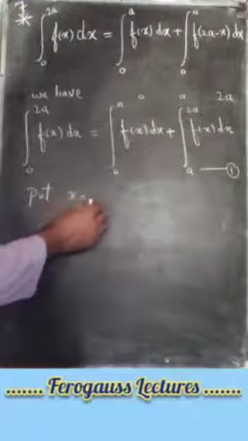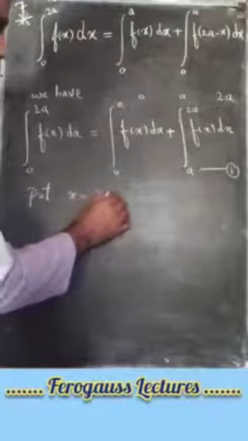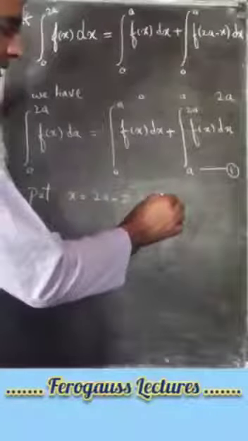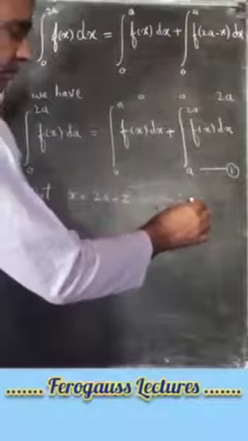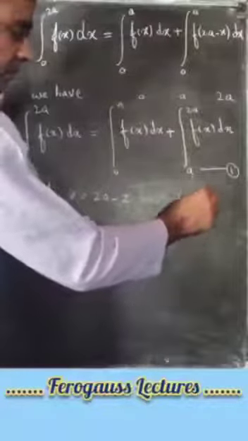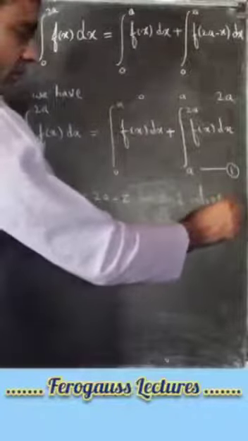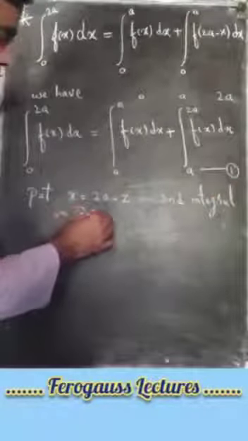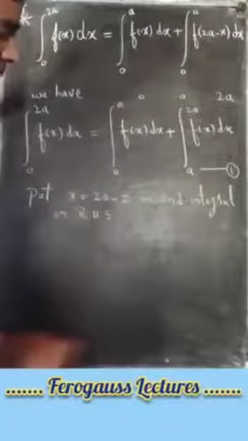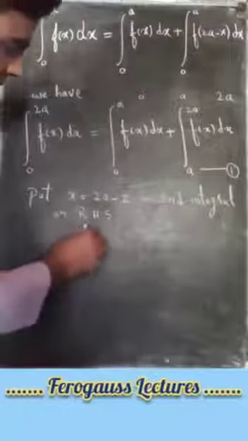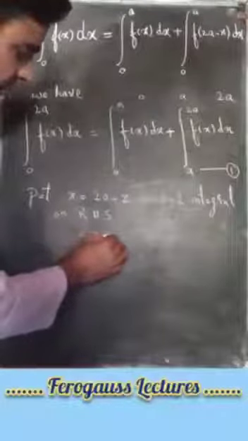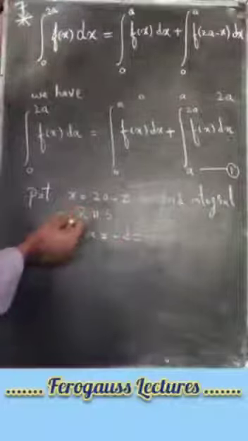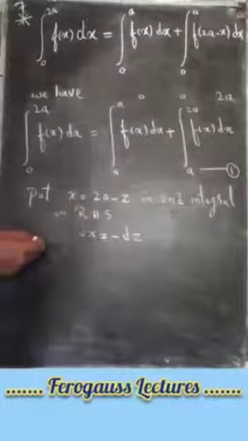Now put x equal to 2a minus z in the second integral on the RHS. Okay, then we have dx equal to minus dz on differentiating x and z.